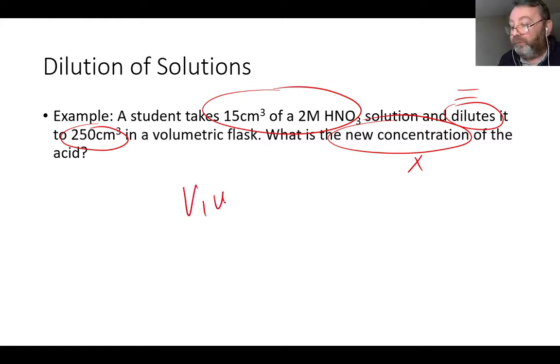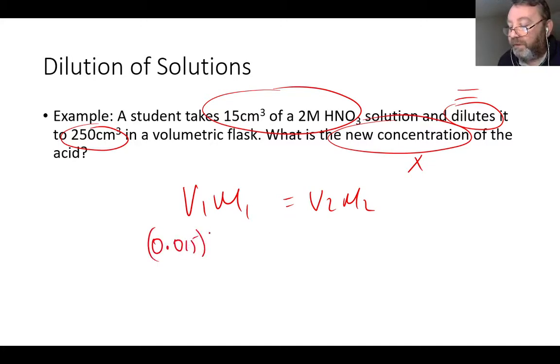So V1M1 equals V2M2. Now, what's the volume and what's the molarity of the undiluted solution? Well, it's 15 centimeters cubed. Now, 15 centimeters cubed in liters, you divide it by 1,000, it comes out as 0.015.